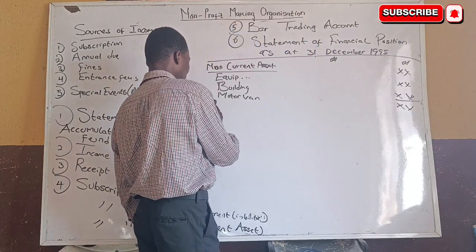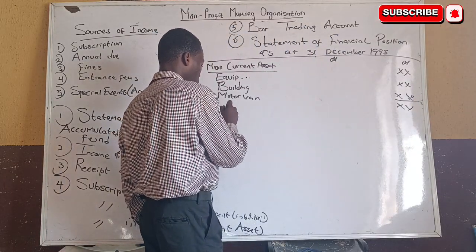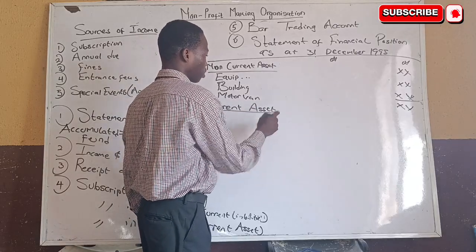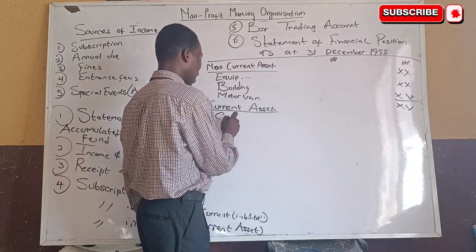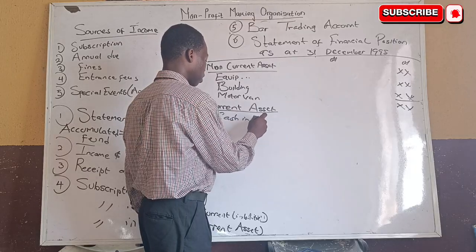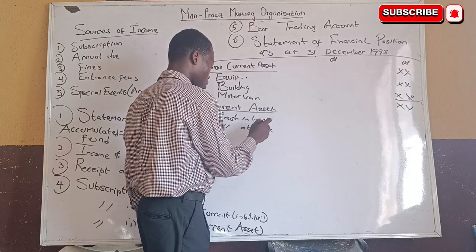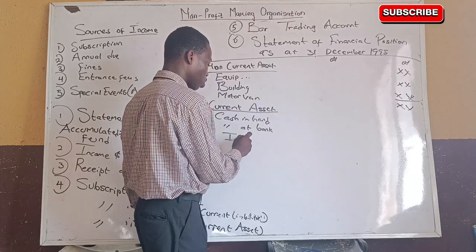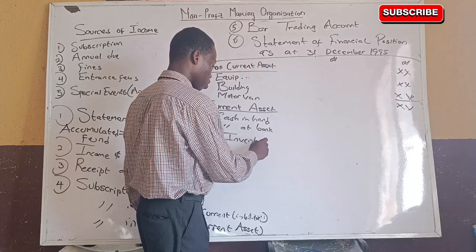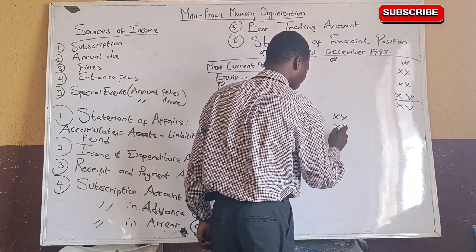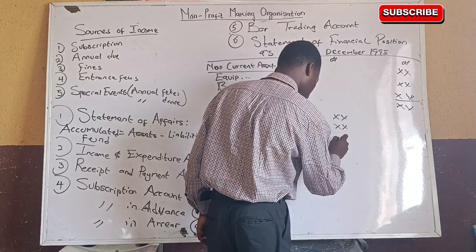Then we have the current assets. Current assets like cash in hand, cash at bank. Then we have inventory. Stock is called inventory. Note that. So all this and so on like that, the amount is going to be added together.